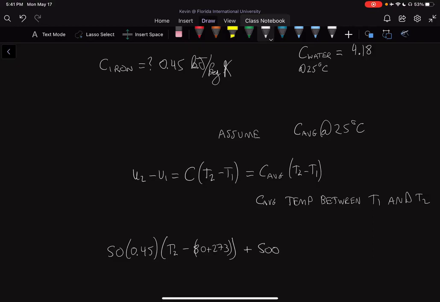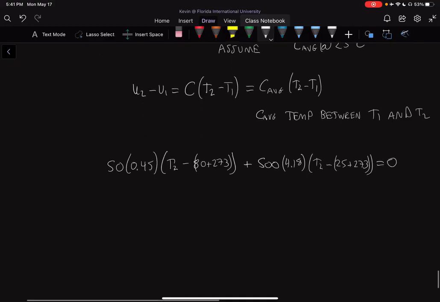Plus 500, which is our estimated weight of the water. We're assuming a slightly wrong value, but that's what the book does, so I'm following the book, even though the real value would be 498.5. We multiply this by 4.18 and T2 minus 25 plus 273 to convert to Kelvin, which is equal to 0.